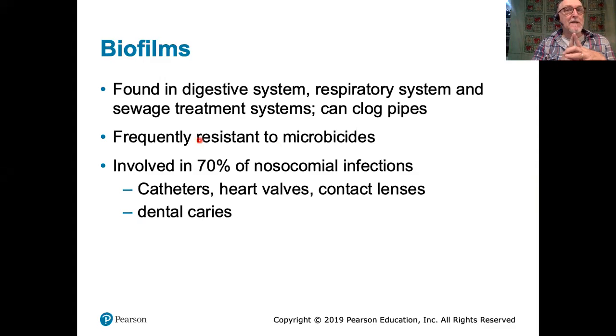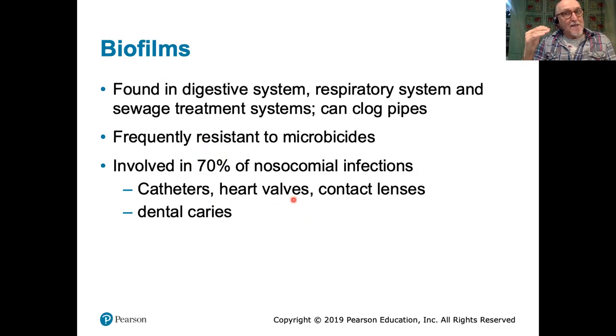And a big problem is the structure of the biofilm, the capsular materials around the bacteria often make them resistant to disinfection. And it won't surprise you to learn that a lot of hospital-related, medical-related infections are related to things like catheters, heart valves, contact lenses. All of these sort of things are excellent surfaces for bacteria to grow.